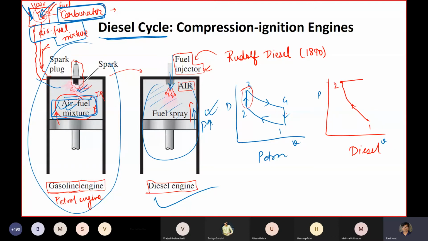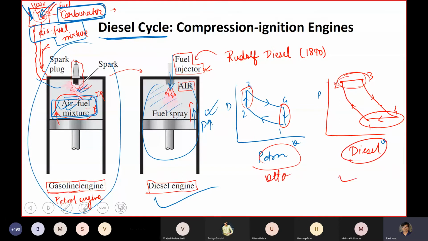So here it is constant volume, here it is constant pressure heat addition, then it comes back. So in the diesel cycle, one process is constant pressure, and the two other processes are constant volume.